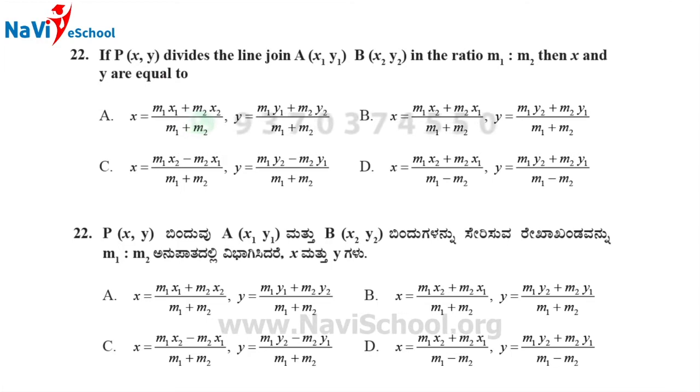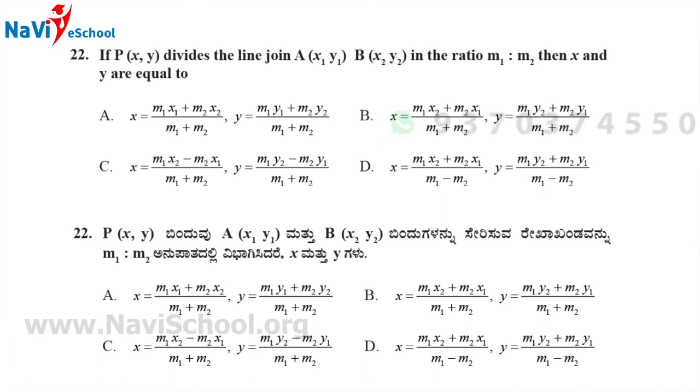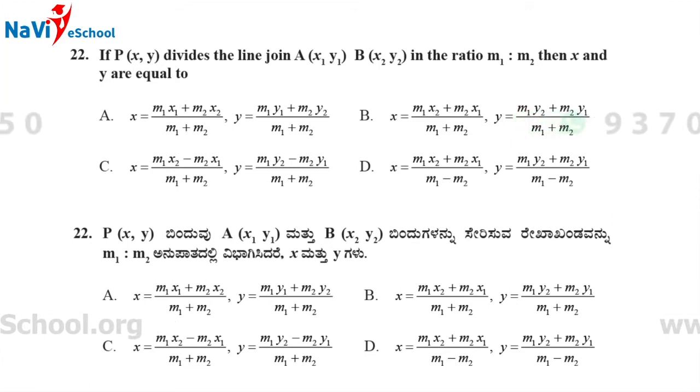Option A: x is equal to (m1 x1 plus m2 x2) whole divided by (m1 plus m2), and y is equal to (m1 y1 plus m2 y2) whole divided by (m1 plus m2).